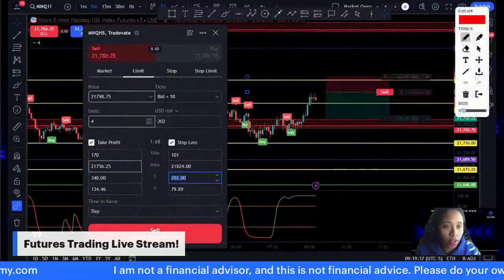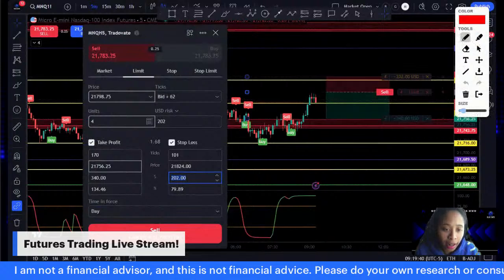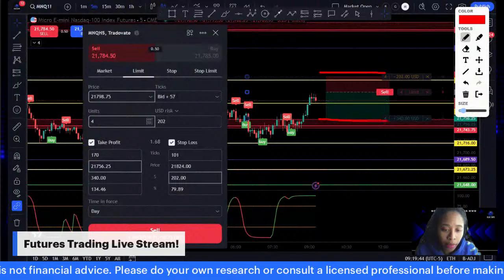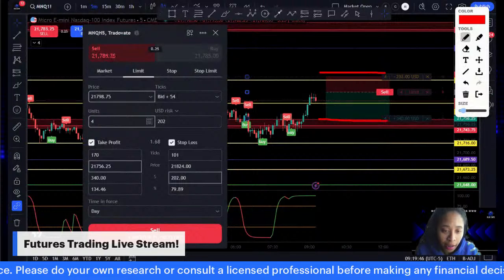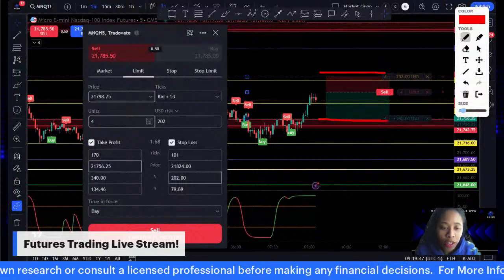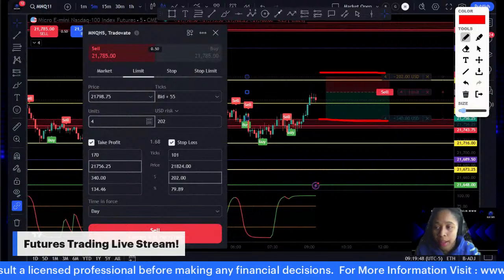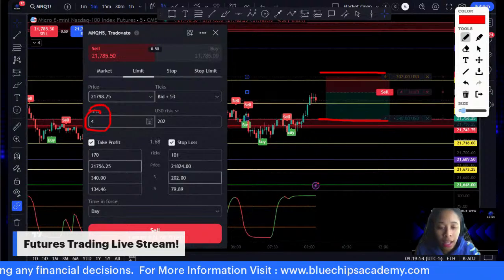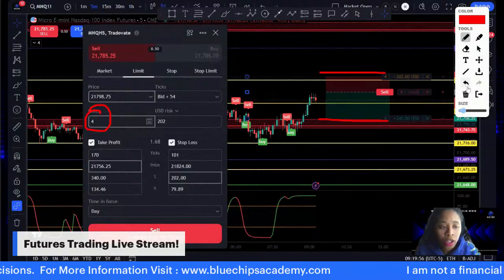So let me just show you guys. This is my setup. Where's my stop loss? Where is my take profit? This is my setup. How much I'm risking on my setup is based on how many contracts I want to put in that position.